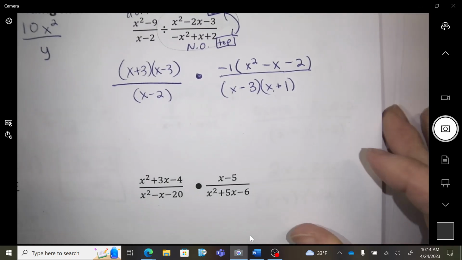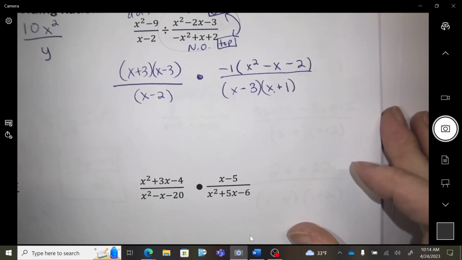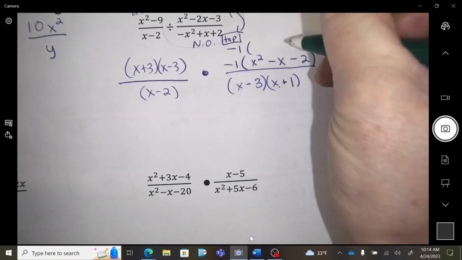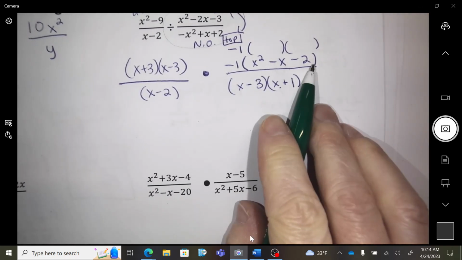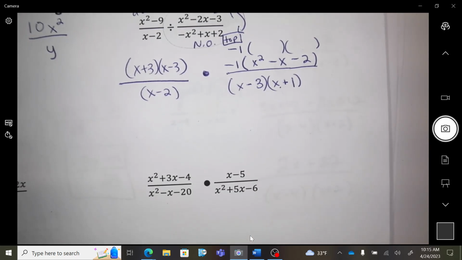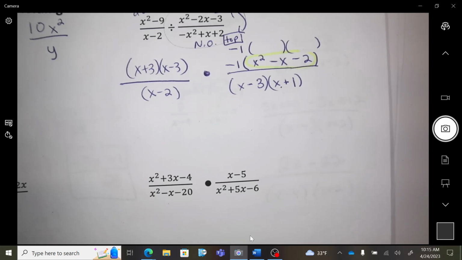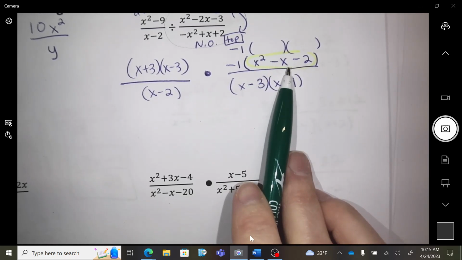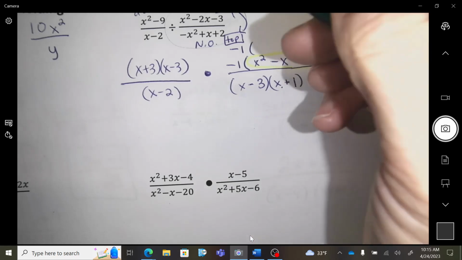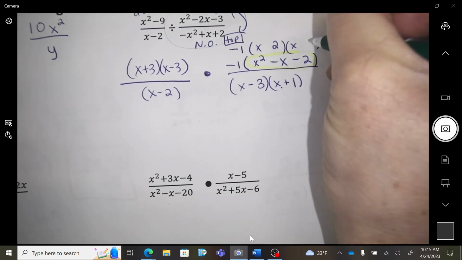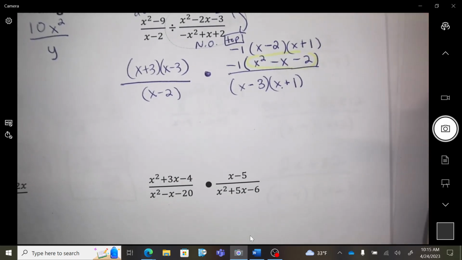Okay, that's the same idea as a GCF. It's just a negative 1 that's coming out. Now this piece I'm going to do as a simple trinomial. But I'm not forgetting about the negative 1, it's still there, but this is a lot easier for me to factor. So x times x, and then what multiplies to 2? 2, 1. I need to get myself a -1 out of it.